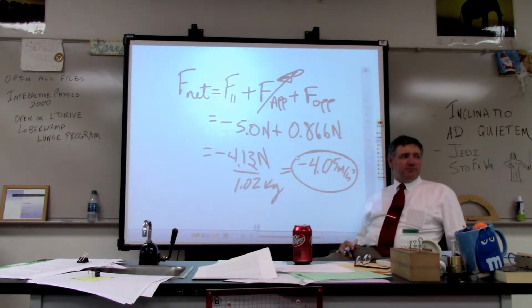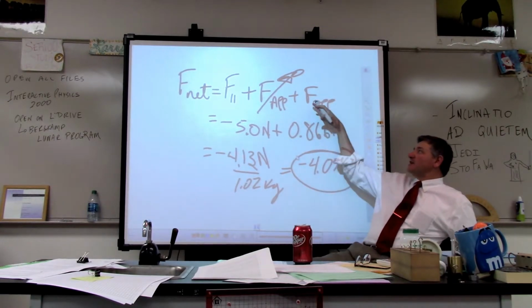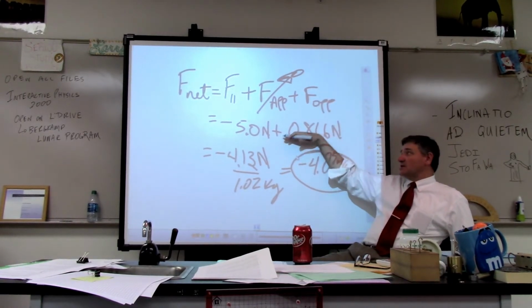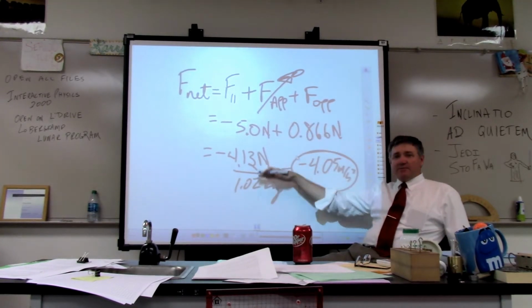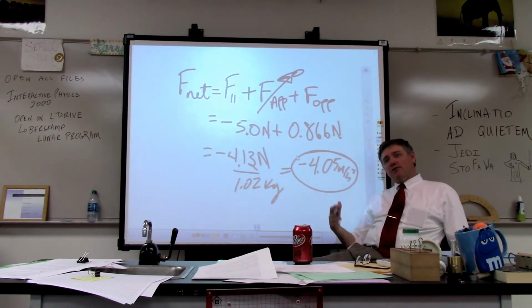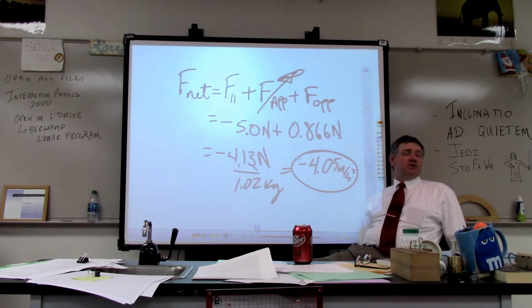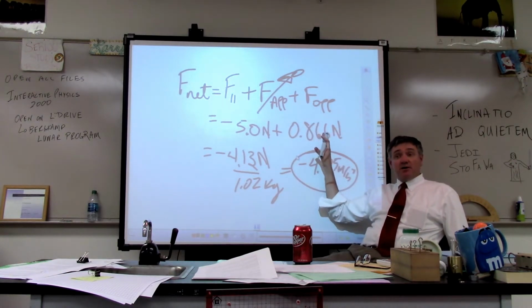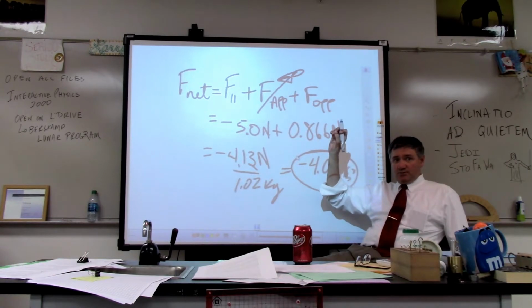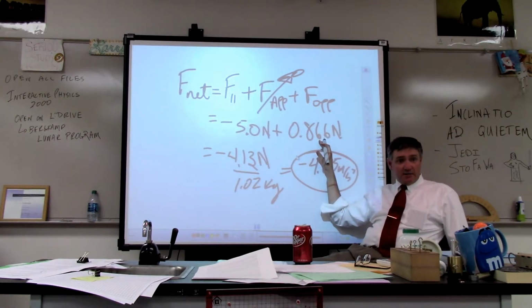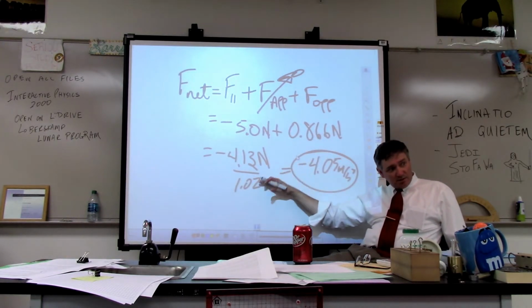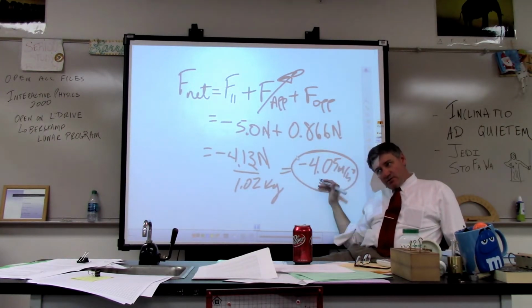It's gotten smaller because now I have friction that's acting in the opposite direction. Good with that? So if my coefficient of friction goes up to 0.2, if mu goes to 0.2, what's going to happen to my opposing force? It's going to go up, so my net force will go up, and my acceleration will go down.